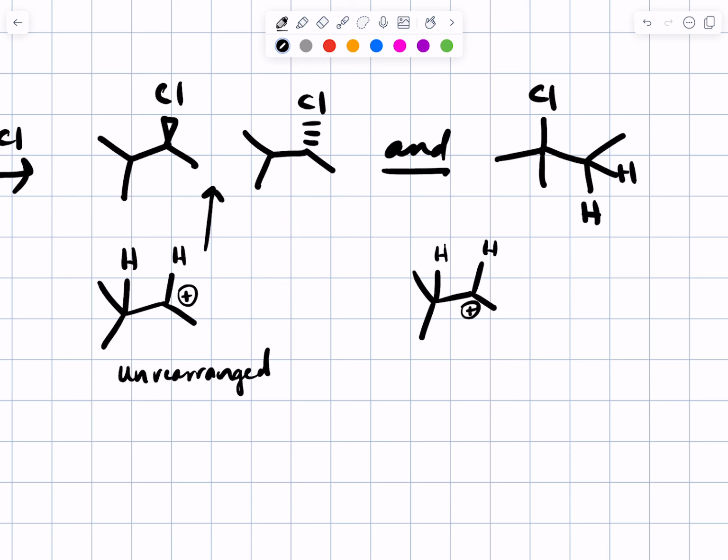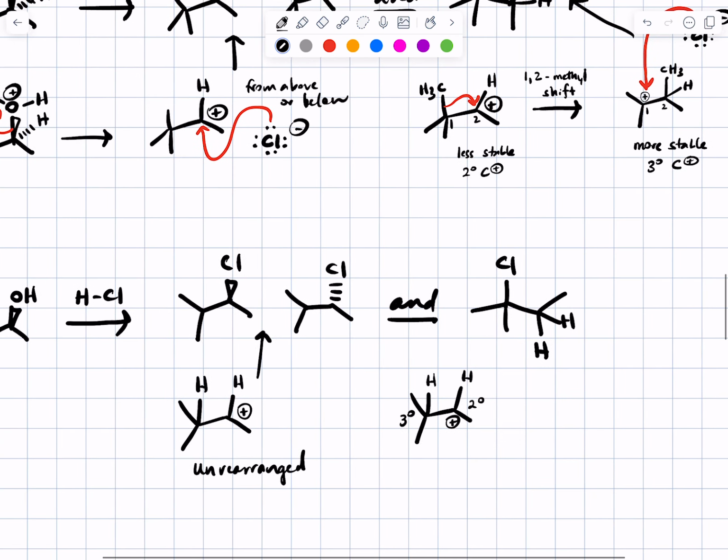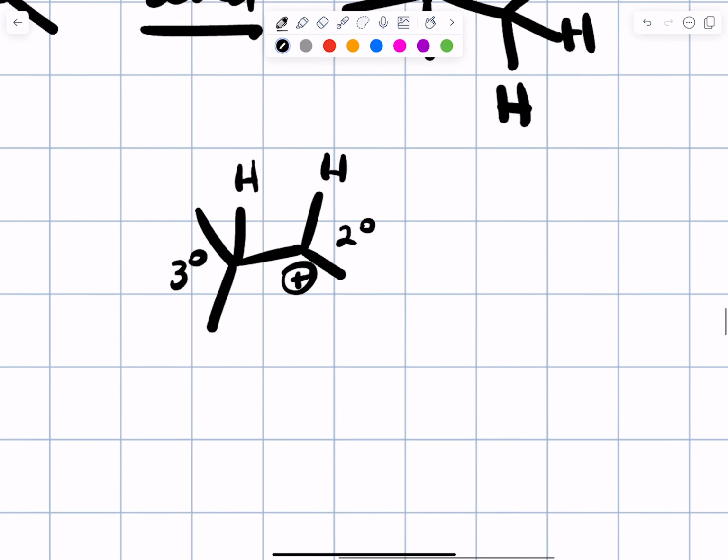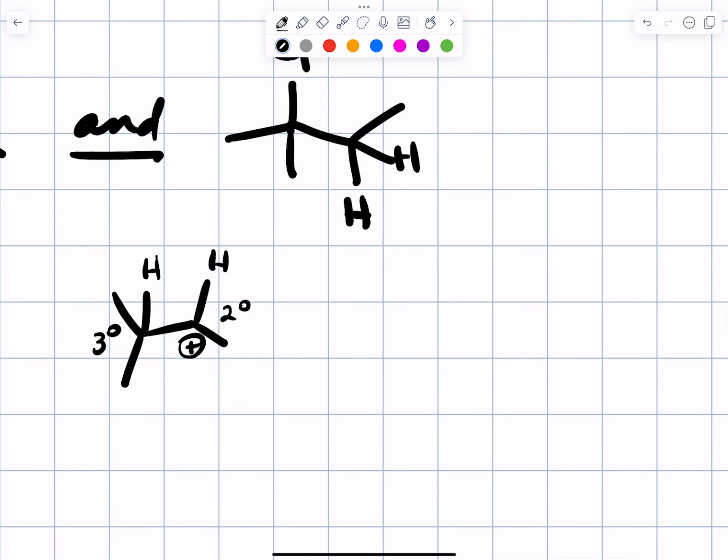Notice a pattern. You have a secondary carbocation adjacent to, now not a quaternary carbon. Before it was a secondary carbocation adjacent to a quaternary carbon. Here, it's a secondary carbocation adjacent to a tertiary carbon.